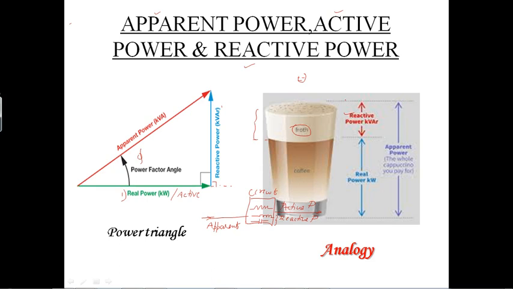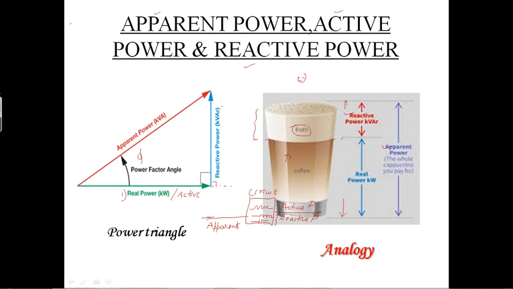From this height to this height is the total coffee height, but only up to the froth does the actual coffee exist. From the froth onwards, there is a fake appearance of coffee. Coffee is there, but not actually there. So we can make the analogy to power. This whole height is the apparent power, up to this water level is the real power, and the rest of the froth is reactive power.